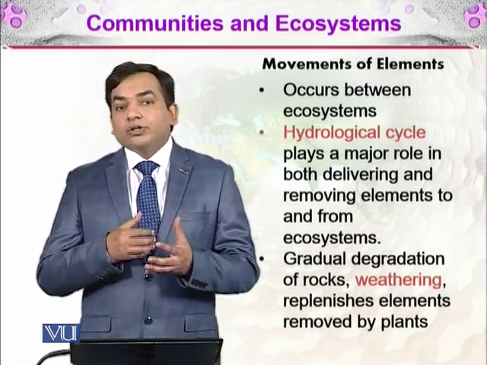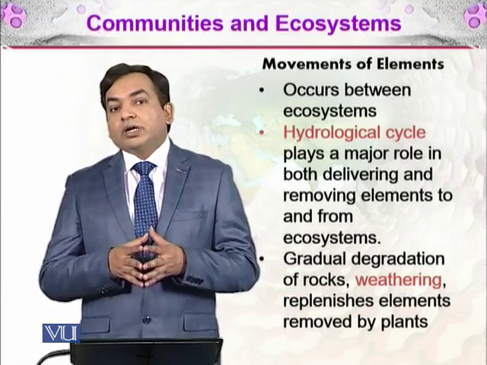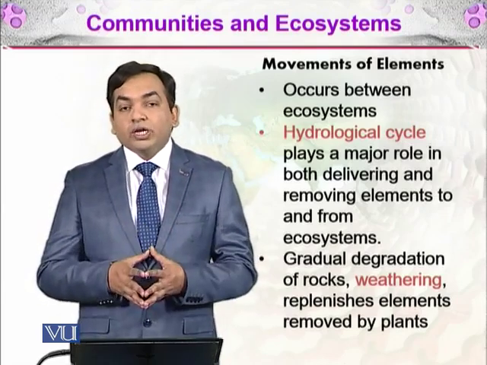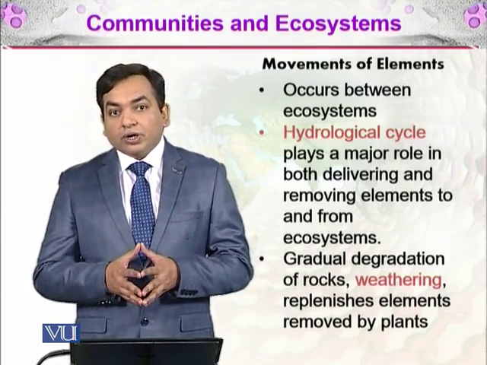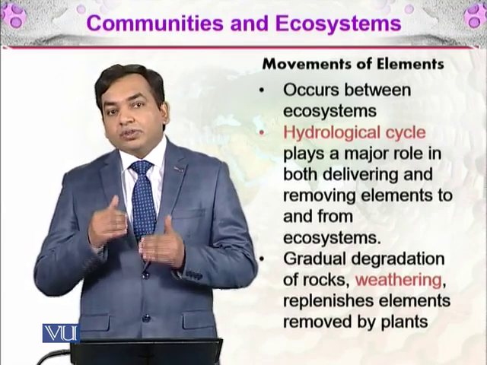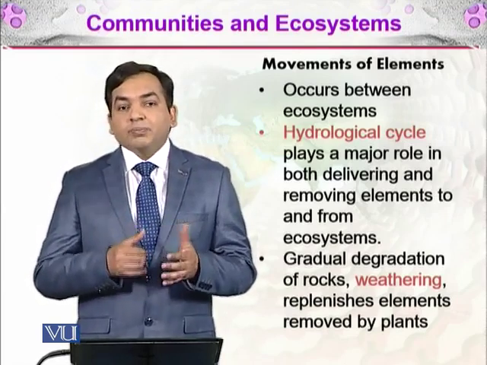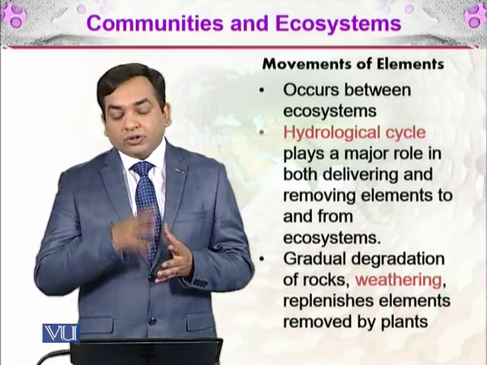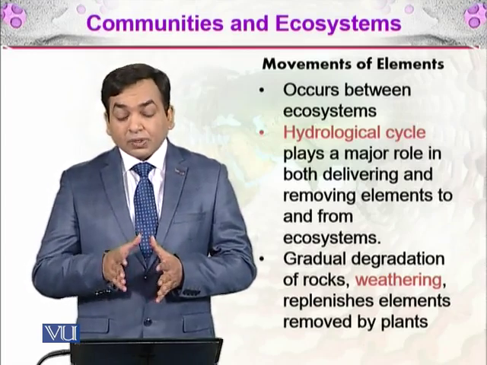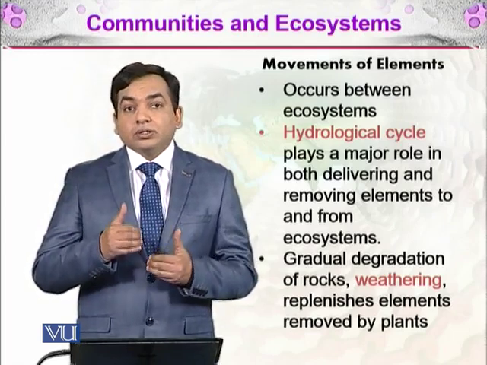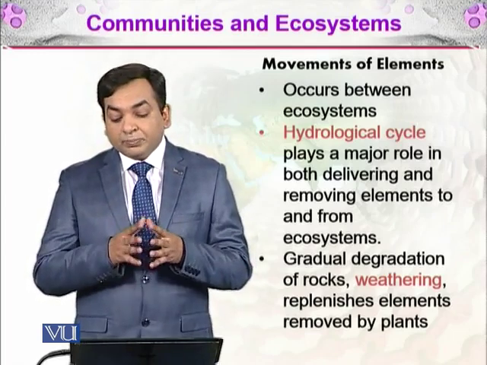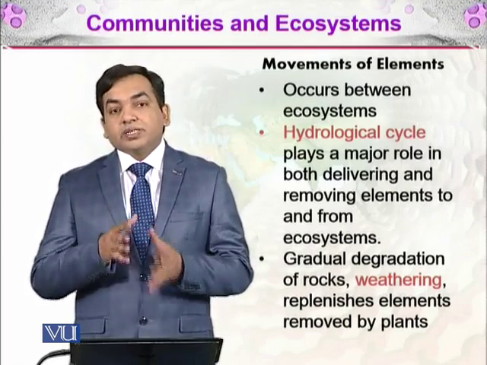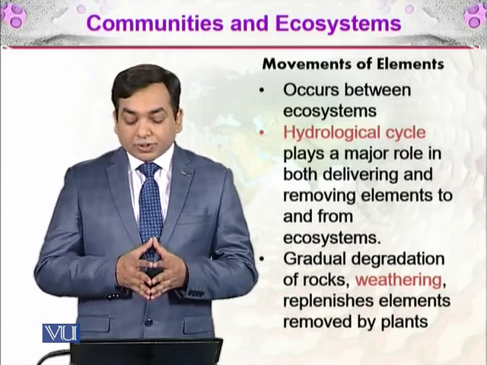Meanwhile they are going into the aquifers, underground water, into the soil, nourishing the earth, and they take many more nutrients with them, and those nutrients are going back into the ocean again. So in this way the movement of elements occurs between the ecosystems.